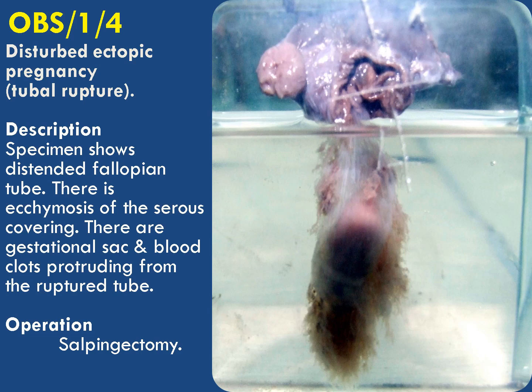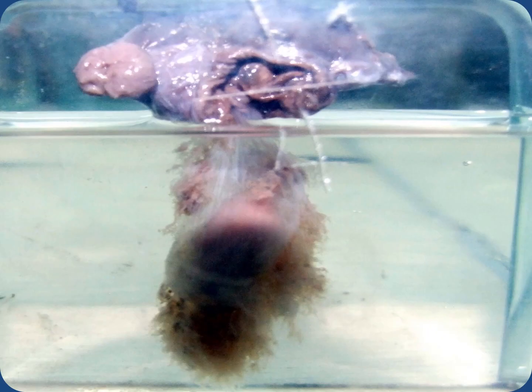There are gestational sac and blood clots protruding from the ruptured tube. This is a full screen picture of the previous jar. Notice that the tube is ruptured and the gestational sac containing an embryo surrounded by villous shaggy tissues.